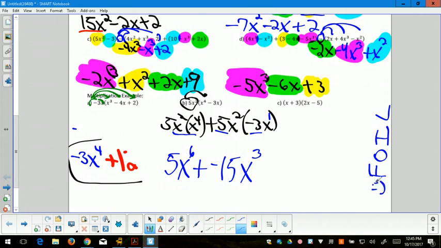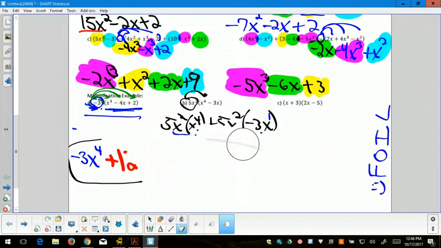But if we're not, I don't even need FOIL, and I can still do that problem the same way I would do it if it was 2 trinomials, or a binomial and a trinomial, or a monomial and a trinomial. I can't use FOIL here because it's not 2. There's no first on this, or last, or inside. And here, there's first and last, and that's the inside. It gets confusing. So you can use FOIL when you have binomials, but if you don't know FOIL, don't stress.